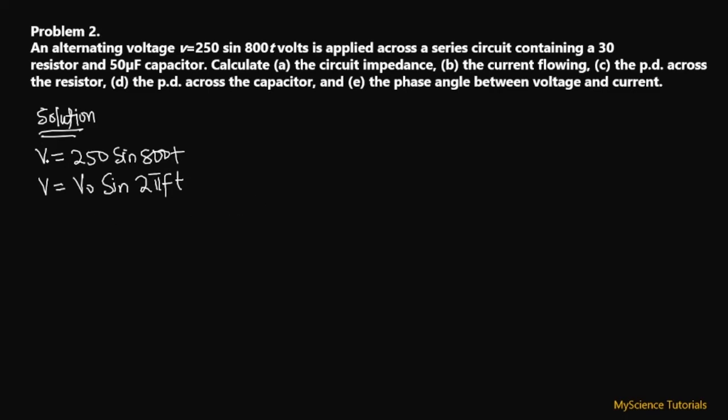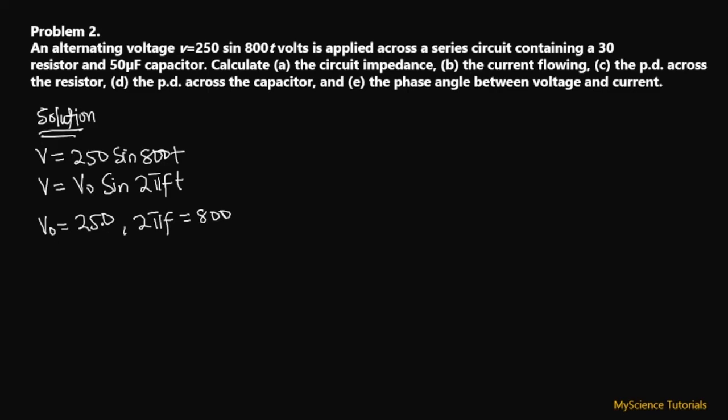So if we compare this and the original form, we can see that our V naught is equal to the 250 over here, and then our 2 pi f is equal to, because we have t here, the 800 over here. So those are the information that we can obtain from this particular voltage given in a waveform.